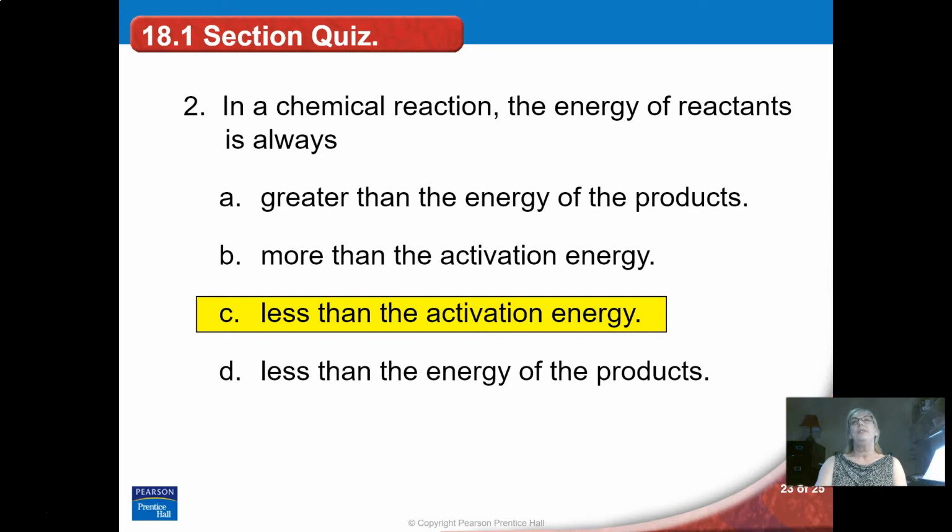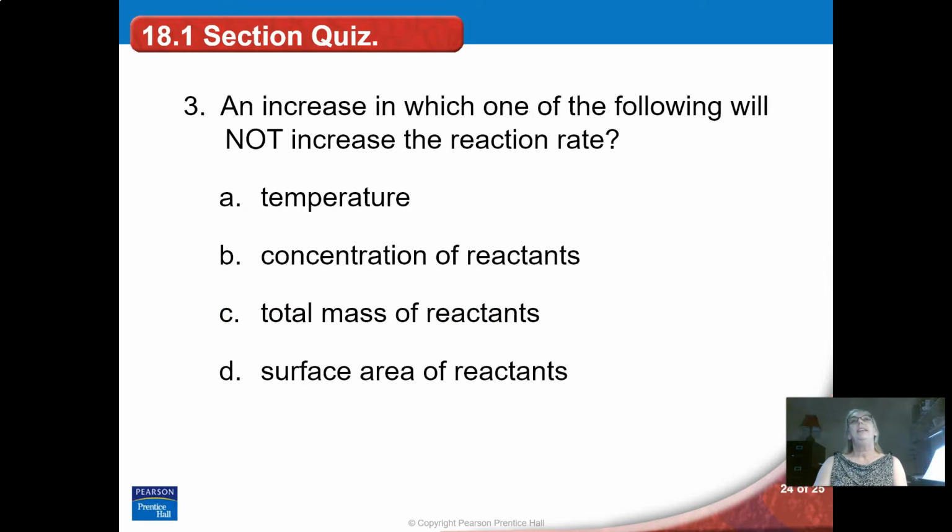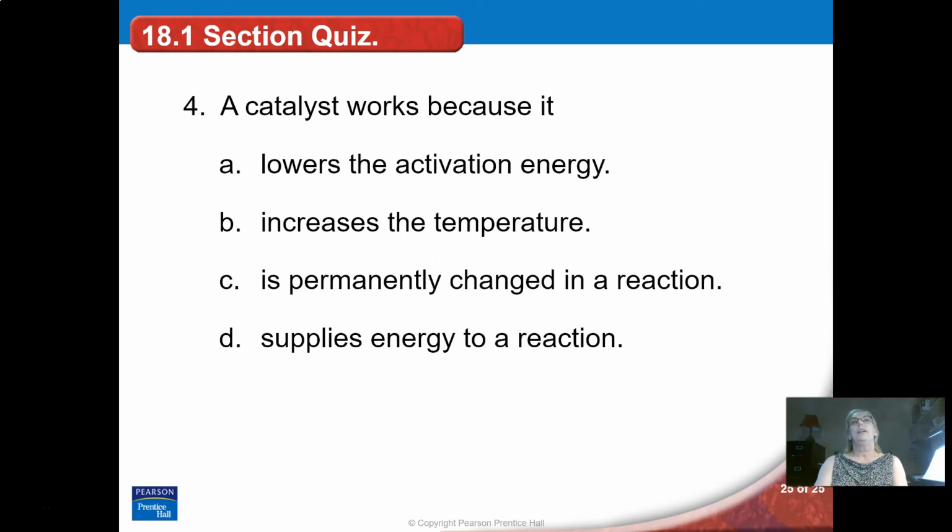Activation energy is always higher than the reactants. An increase in which one of the following will not increase reaction rate? So what will not increase the reaction rate? It doesn't matter how much reactants you have. A catalyst works by doing what? This is a good question. It lowers that activation peak, so it makes it easier.